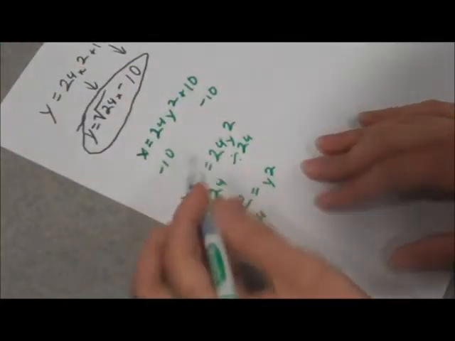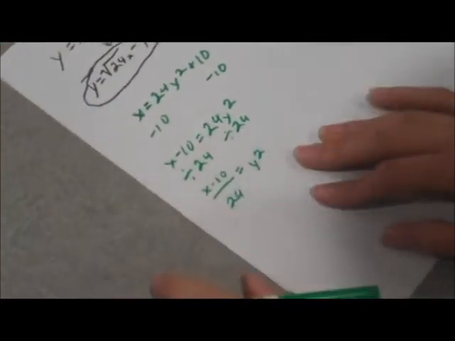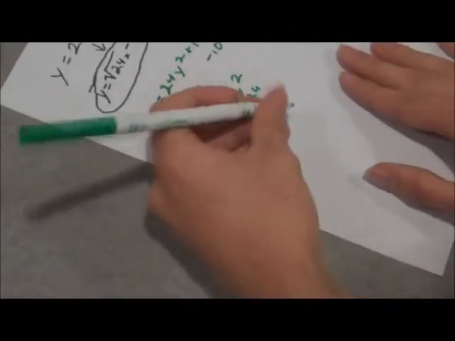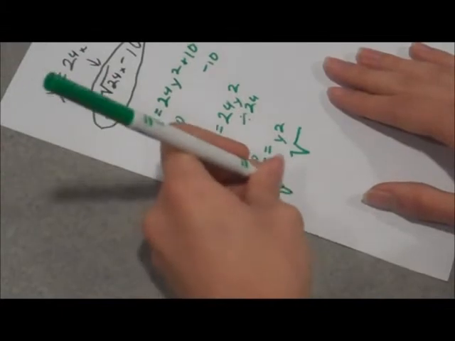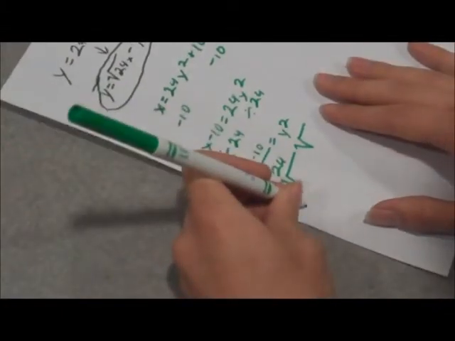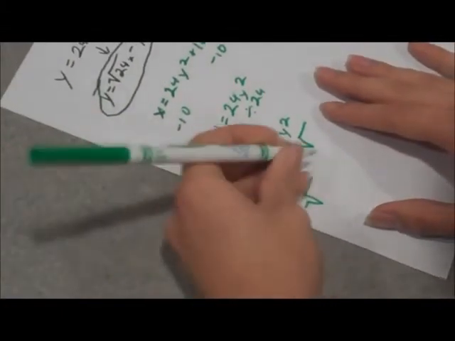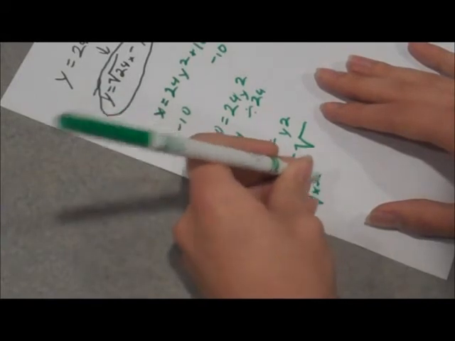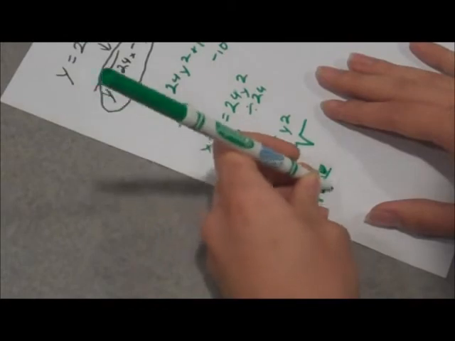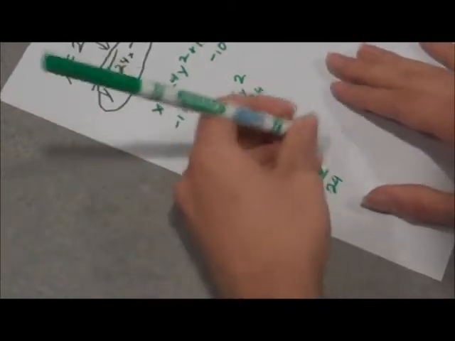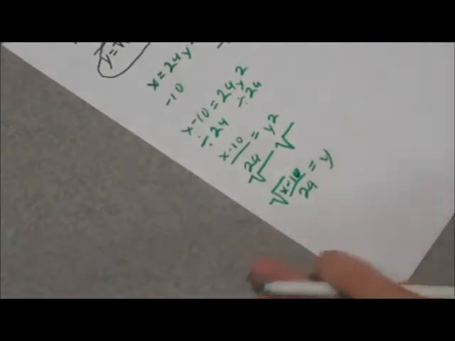Then we still need to get rid of this square right here. So what we're going to have to do is take the square root of both sides. And then that's going to give us the square root of x minus 10 over 24 equals y. And that would be your inverse function.